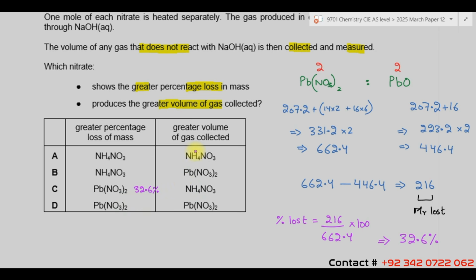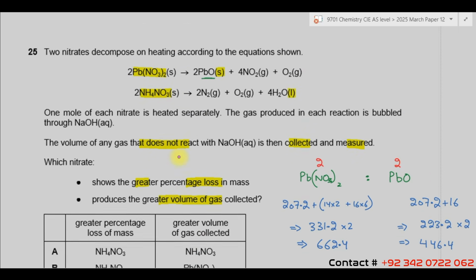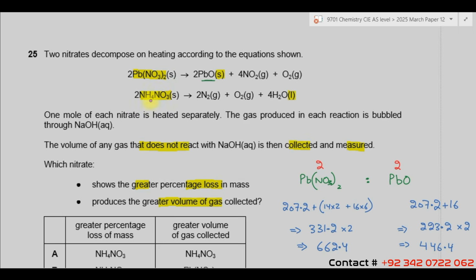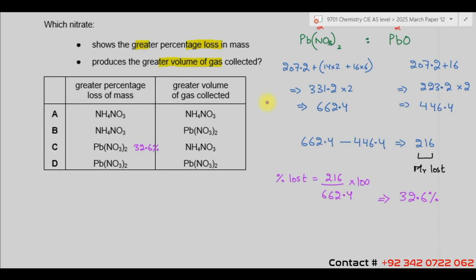Let's do the same for ammonium nitrate. For ammonium nitrate, we can see that 2 moles of ammonium nitrate form gases and 4 moles of water. So we can compare these 2 moles with the 4 moles of water.